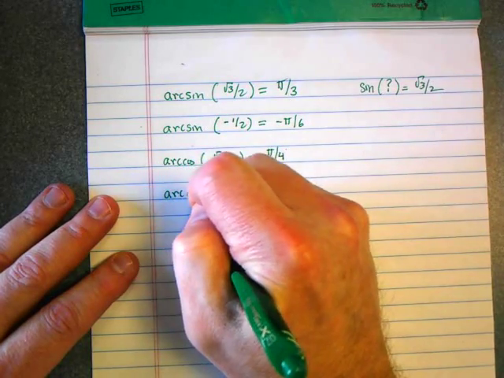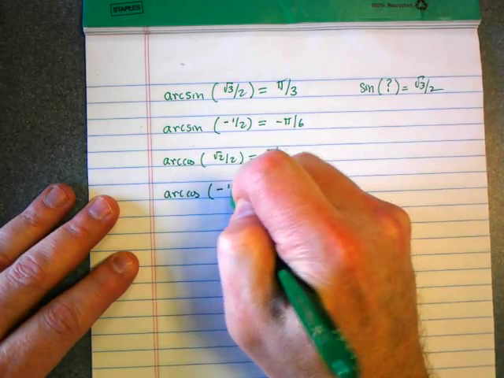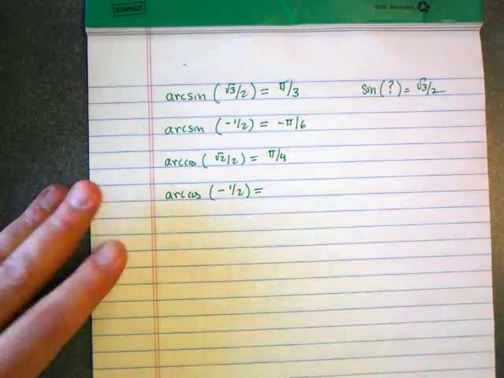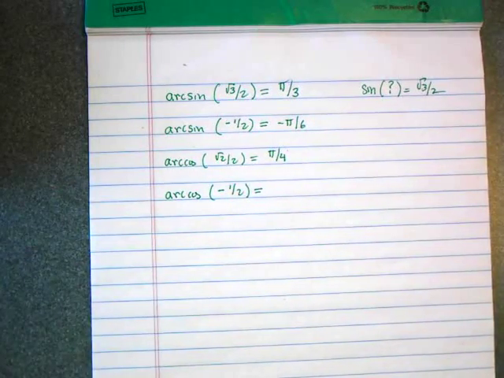Arc cosine of negative a half. Positive pi over 6 is not the correct answer. Negative pi over 3 is not the correct answer either.